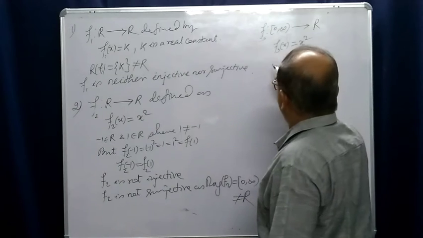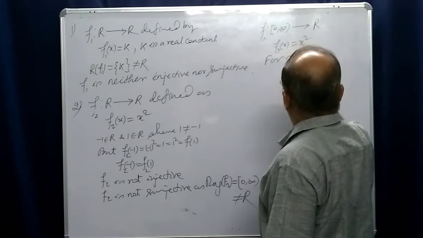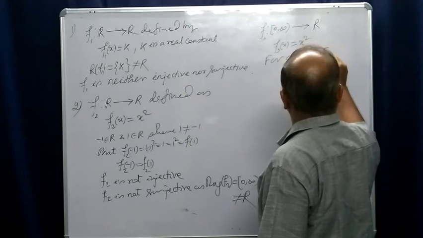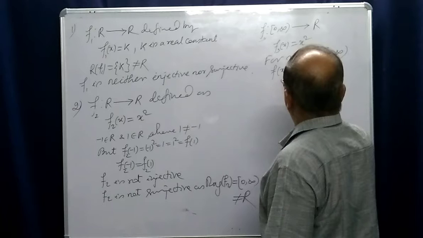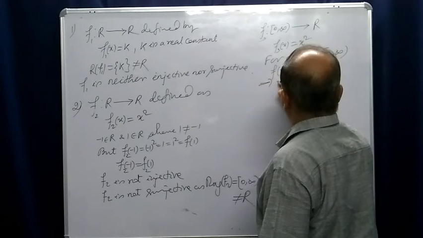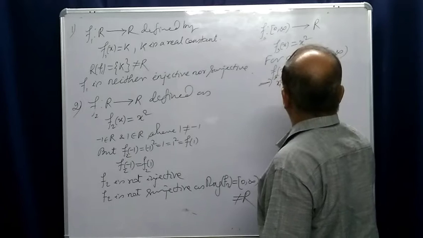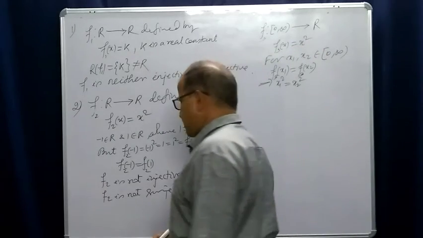Here for x1, x2 belonging to 0 to infinity, f3 of x1 is equal to f3 of x2 implies x1 square is equal to x2 square, right?